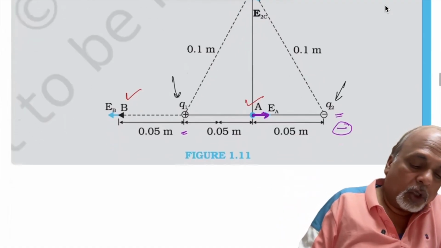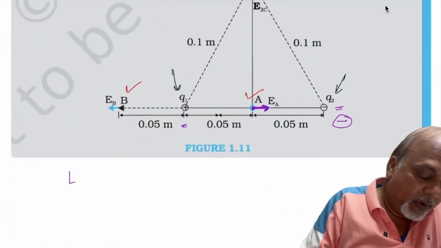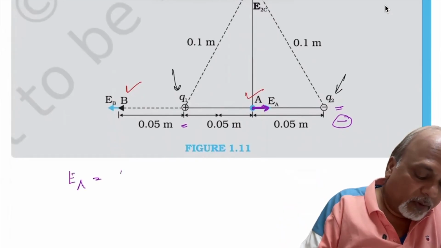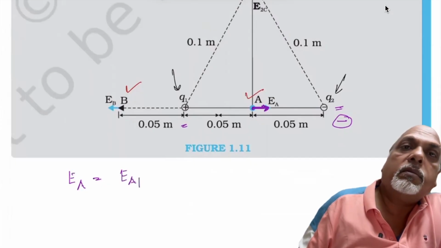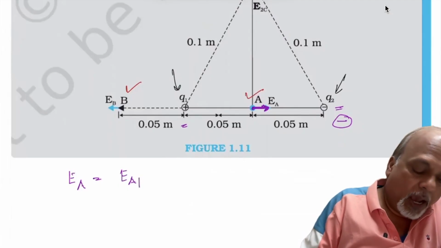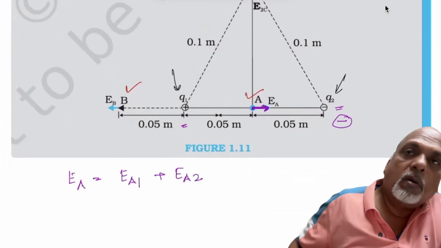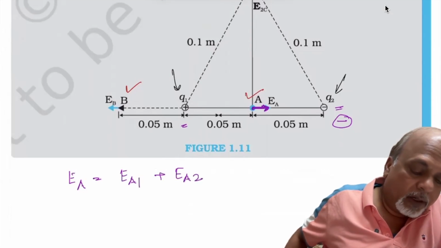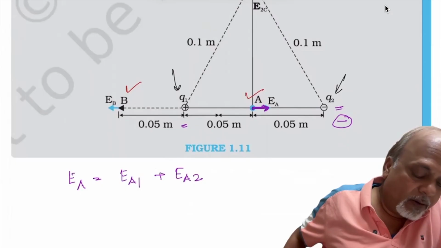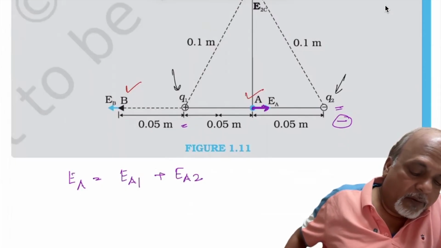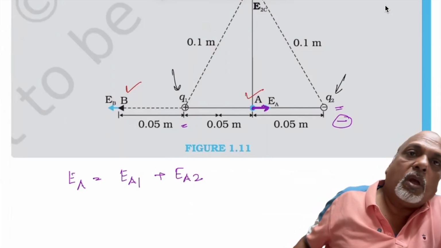Correct? So EA, we can say it is the combination of EA1 plus EA2, the electric field at A due to 1 and the electric field at A due to 2.